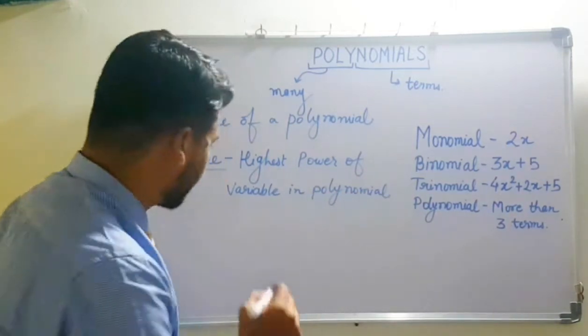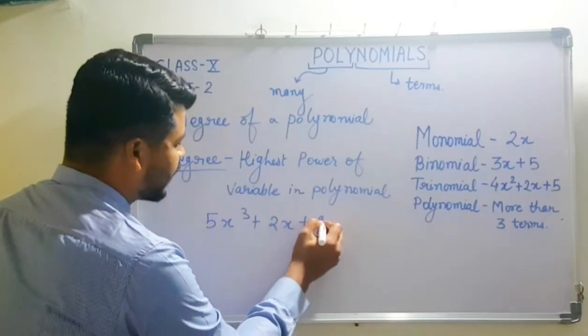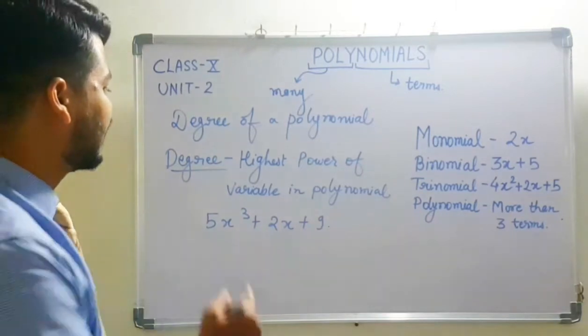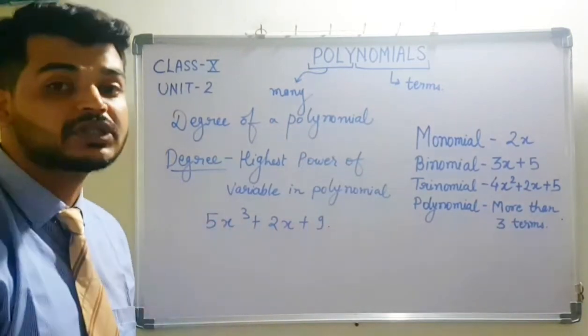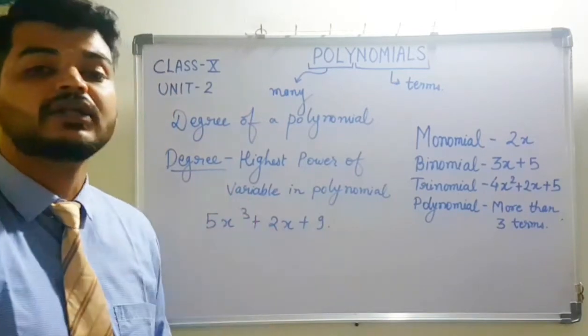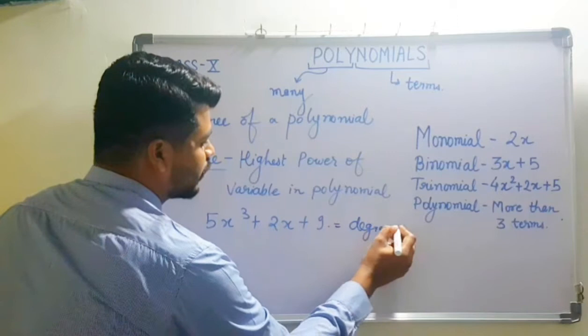If I write a polynomial like 5x cube plus 2x plus 9, I can say its degree is 3, because its variable is x and x has the highest power 3. So it has degree 3.